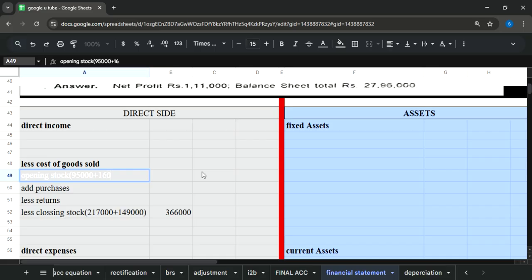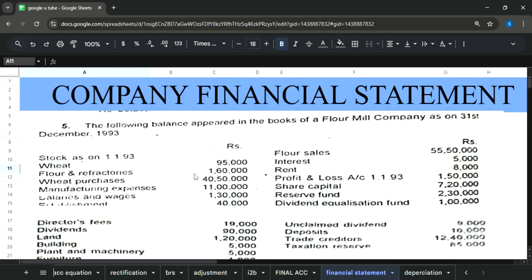In this way both stocks are mentioned. Finally, we will be writing only single amount, so there must not be any difference in our proforma. Outside, 95,000 one type of stock, 160,000 second type of stock, it means we have total 255,000 as stock.